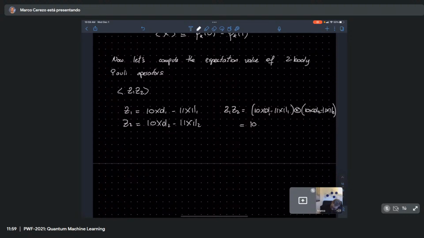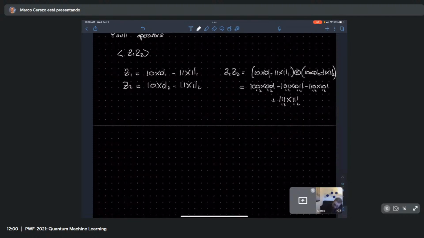This is just |00><00|, where this is qubit 1, qubit 2, qubit 1, qubit 2, minus |01><01|, qubit 1, qubit 2, qubit 1, qubit 2, minus |10><10|, qubit 1, qubit 2, qubit 1, qubit 2, plus |11><11|, qubit 1, qubit 2, qubit 1, qubit 2.